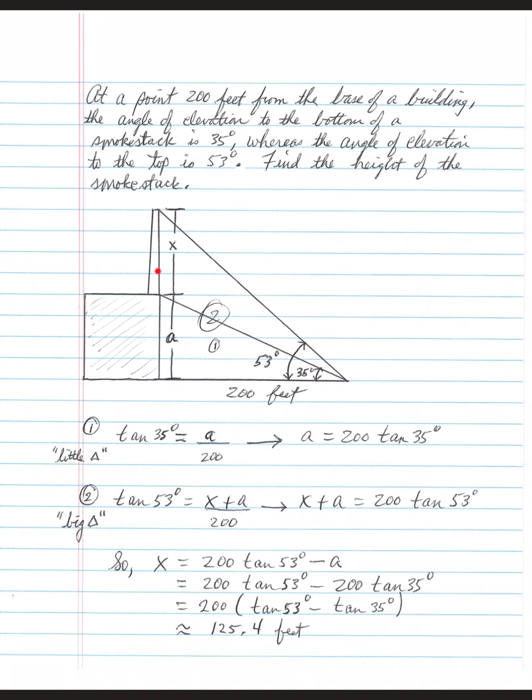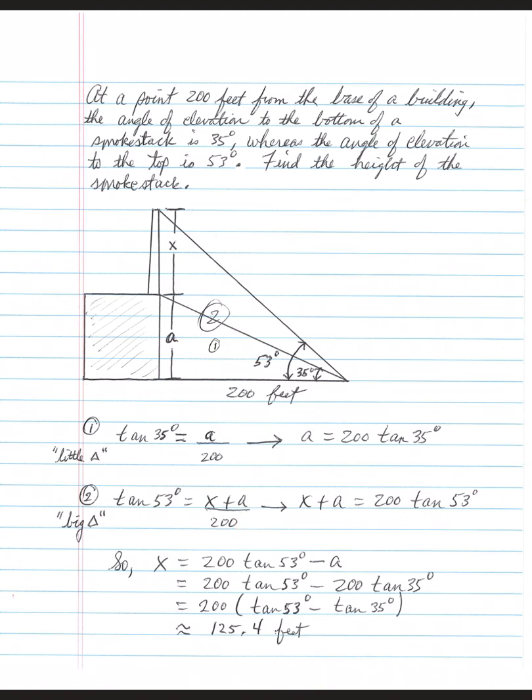The big triangle, the outer one, I've marked it with a 2 for the big one overall. Same thing, but let's use tangent of 53. Tangent is opposite, which is x plus a, over adjacent, which is still 200, x plus a over 200.